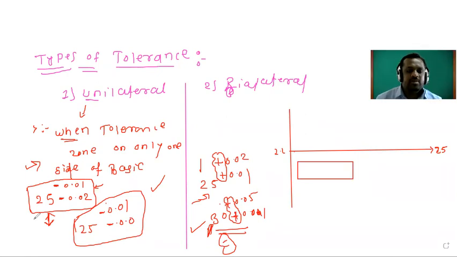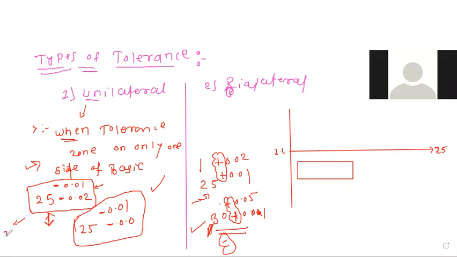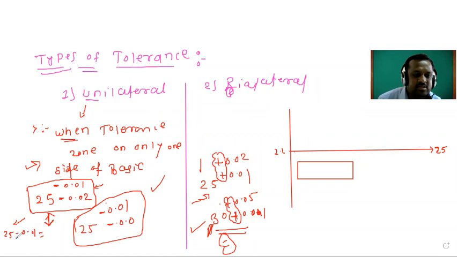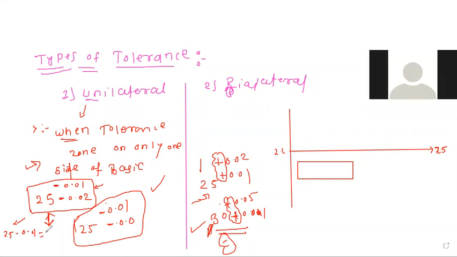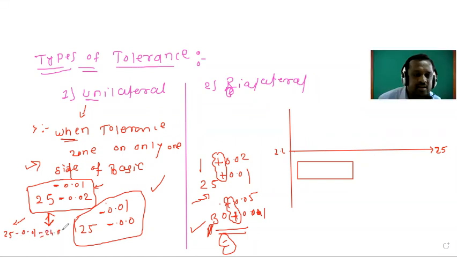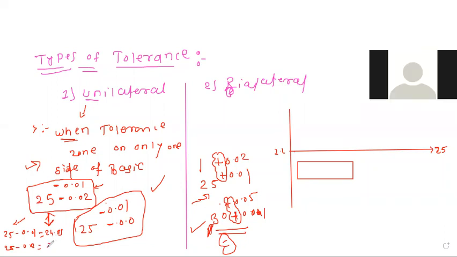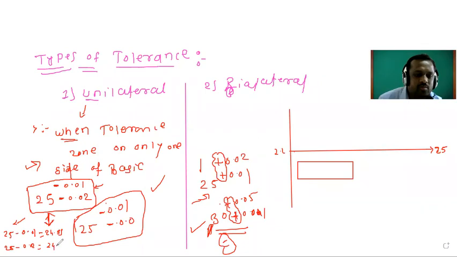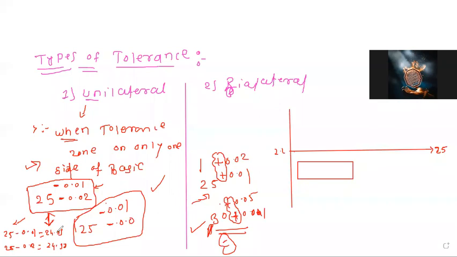What is the upper limit for this? 25 minus 0.01, what is the answer? 24.99. And here 25 minus 0.02, what is the answer? 24.98.